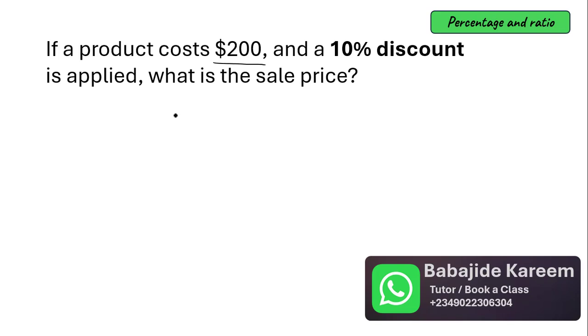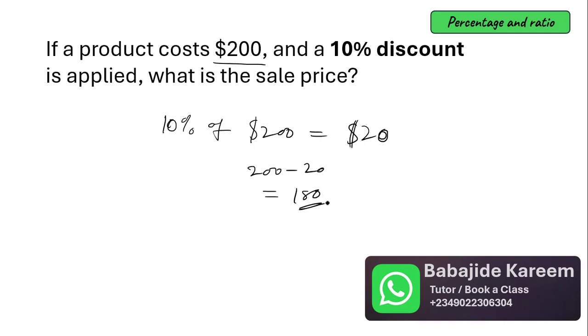So 10% of $200 is equal to $20. So this is the discount. So you say 200 minus 20, and that is going to give you 180. So the sale price is $180.